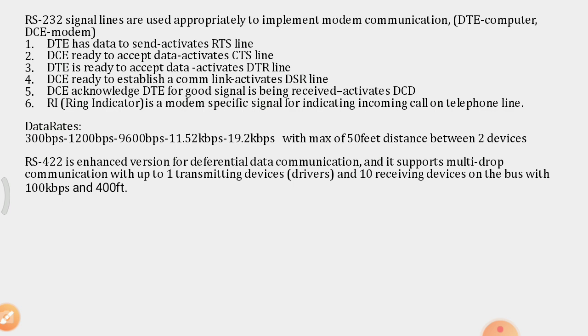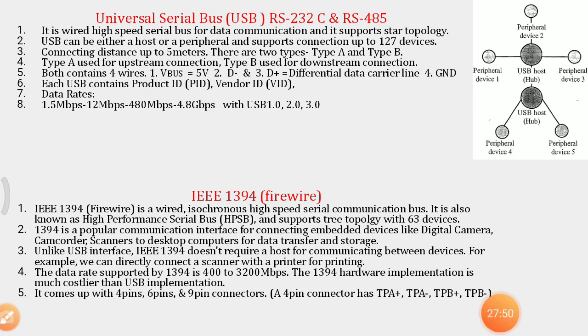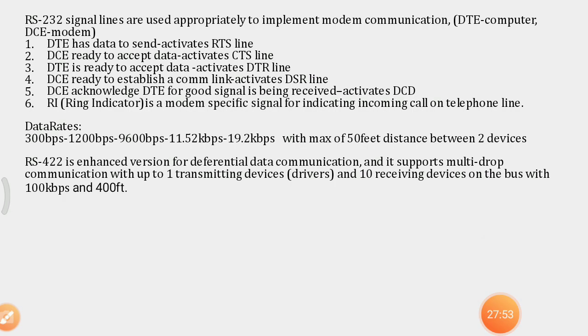DTE is Data Terminal Equipment, which is a computer, and DCE is Data Communication Equipment. So DCE is a modem and DTE is a computer. Let us see how these are going to communicate.